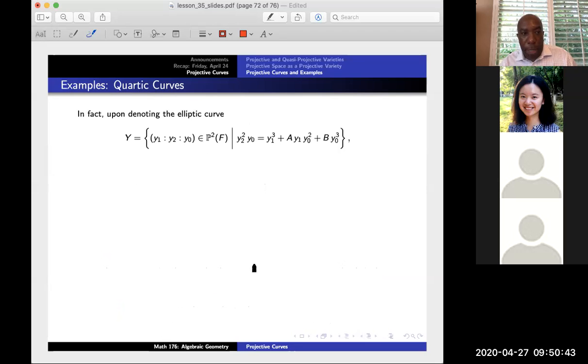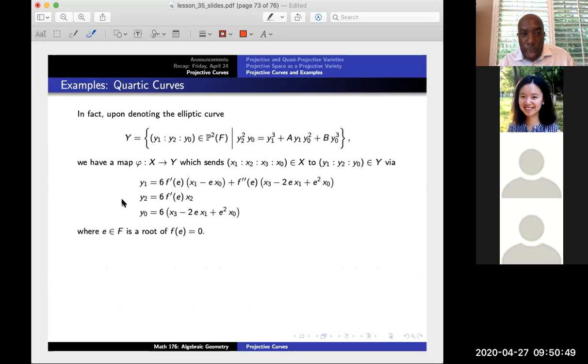So we have this a and b, so let's denote y as this elliptic curve here. And let's observe that we actually have a map from our quartic curve, our quadratic intersection, to the elliptic curve that's defined in this way.